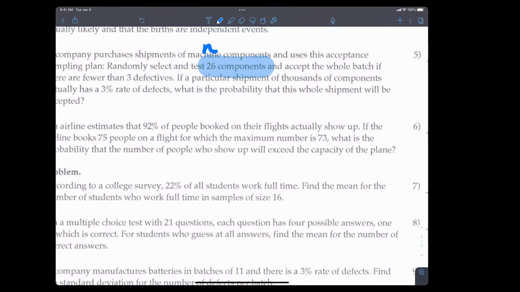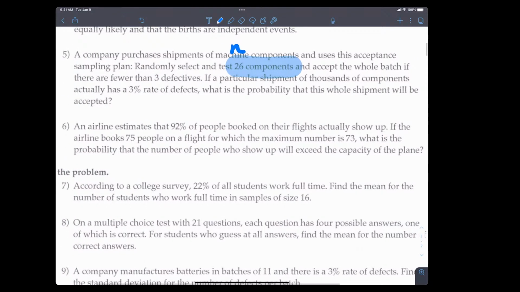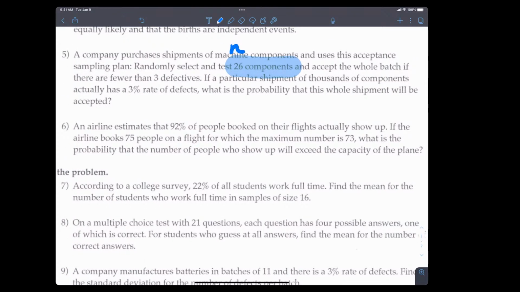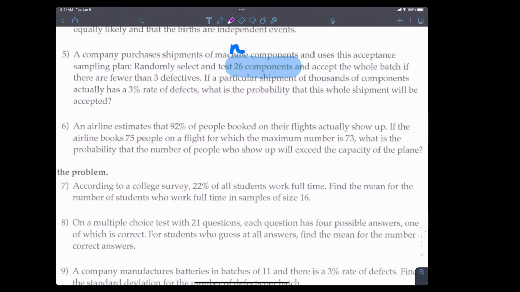All right, so here's the acceptance plan. You're going to accept the whole batch if there are fewer than 3 defectives. Remember, you always let X be the number of defective components.